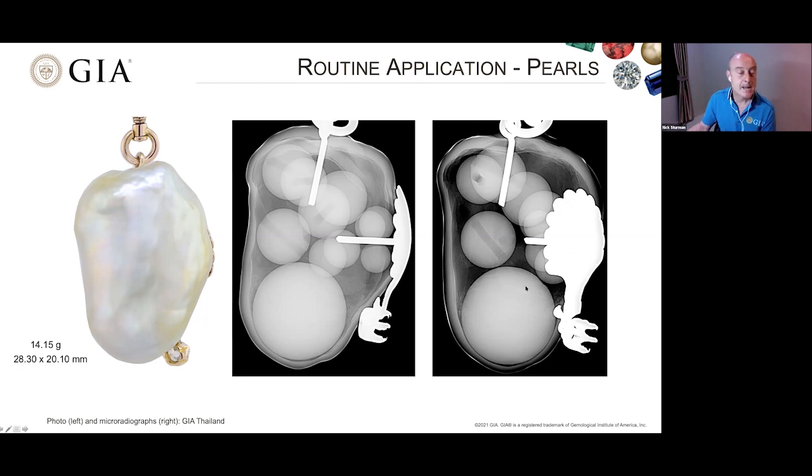So what happened here was originally it was a large bead cultured pearl. This is the original bead, but under this setting, there's an opening, and they used that opening to fill the cavity that was evident with lots of other small bead cultured pearls, and then they sealed that cavity with a design and a setting.